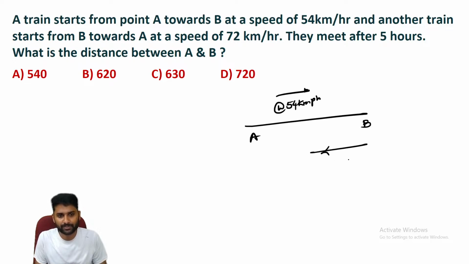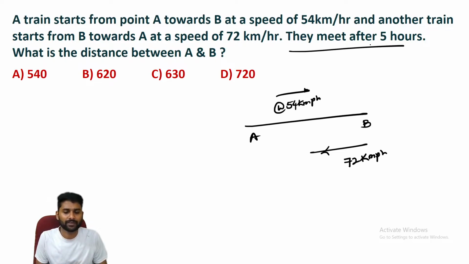Another train starts from B towards A at the speed of 72 km per hour. They meet after 5 hours. You should understand that train A and train B both travel 5 hours. What is the distance between the points?